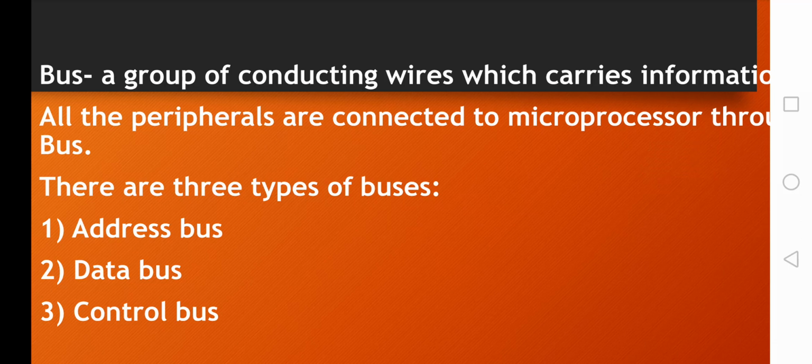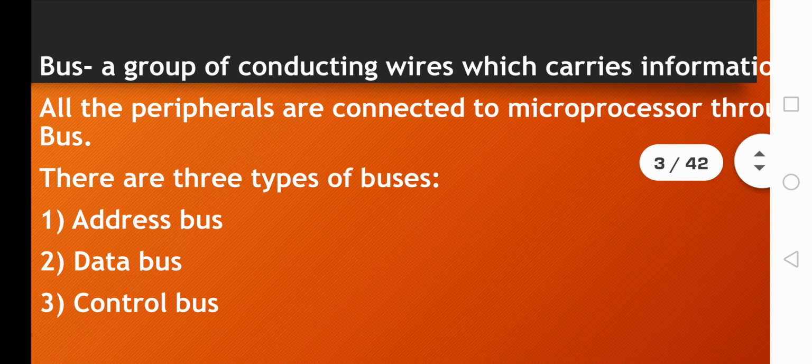Likewise, this microprocessor also has a large number of units within it, a large number of components. What all units are there in detail we will study when we go to the architecture of 8086. But you have to understand one thing: all the units within this microprocessor are connected to one another with the help of the bus.